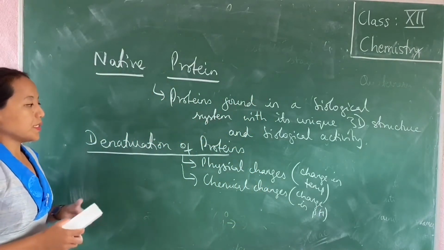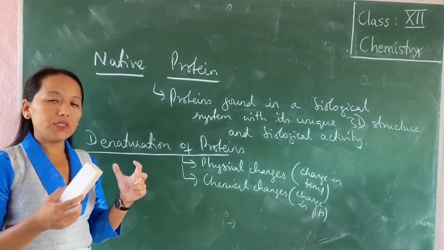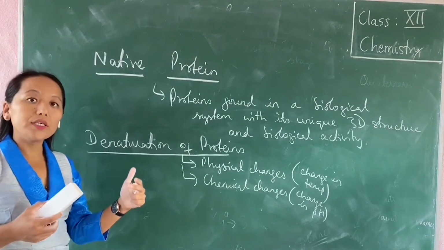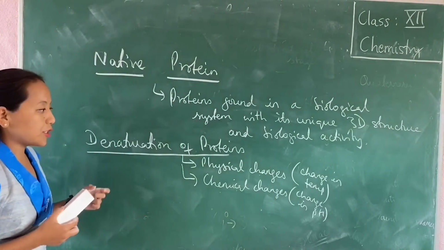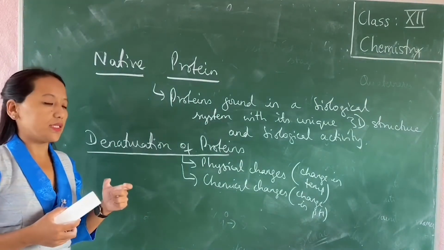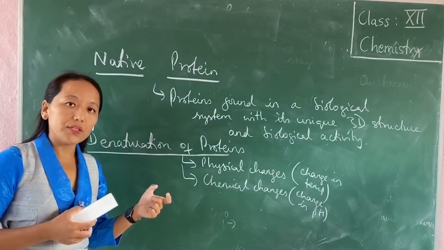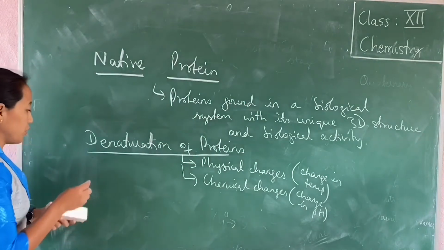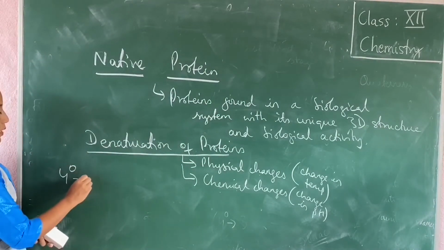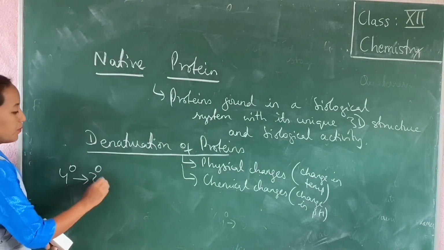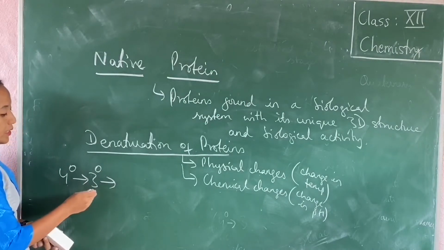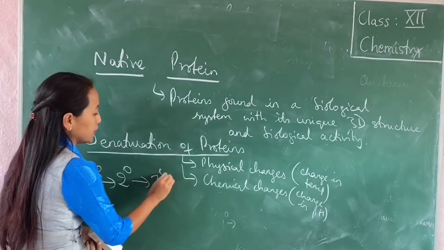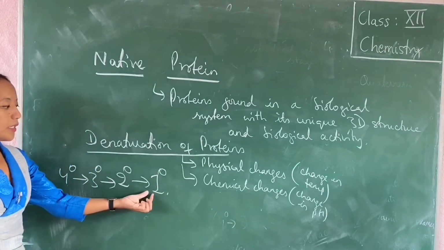During this process, the quaternary structure is disrupted and results in the formation of the tertiary structure. The interactions in the tertiary structure are also disturbed, which gets converted to secondary structure. The secondary structure also gets disturbed and results in the formation of the primary structure.